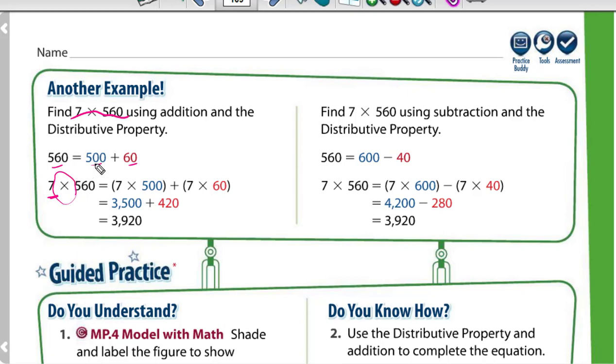It will be multiplied by 500 and also by 60. So we multiply 7 by 500 and 7 by 60. The answer for the first is 3,500, the second 420. We add them to get the final answer, the product.